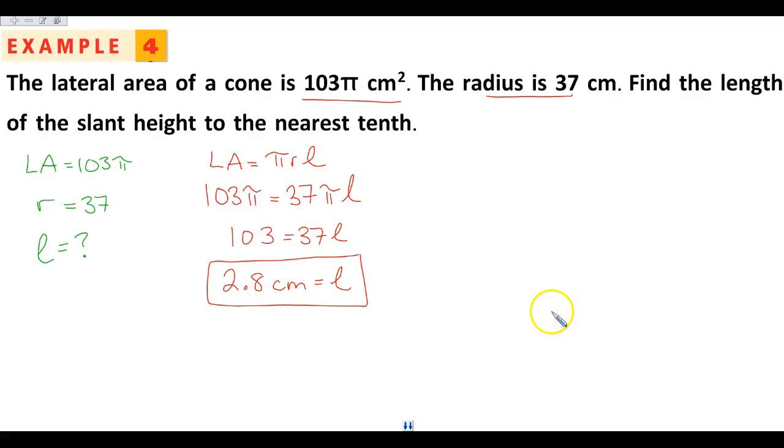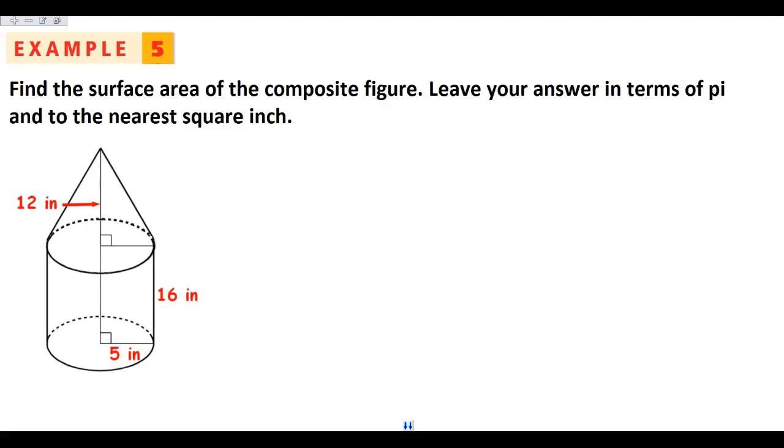All right? So let's go ahead and look at one more example. And this is a composite figure. Okay, so I want to find the surface area of all of this put together. What's important to realize is we're going to break this down into what is and is not actually exposed to the outside.